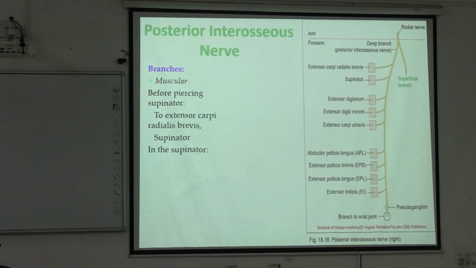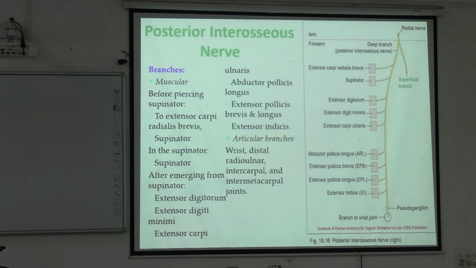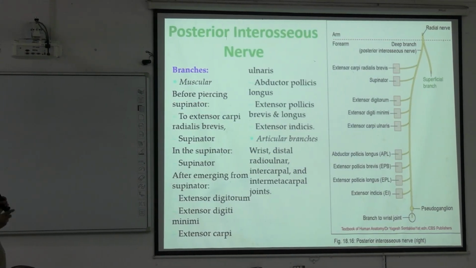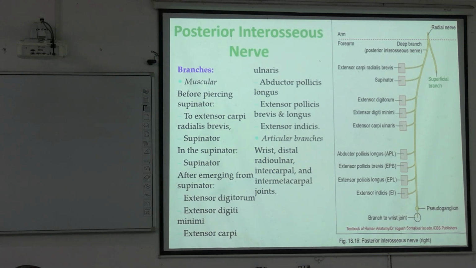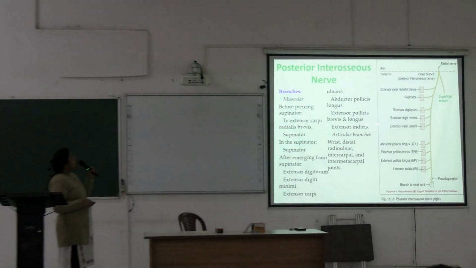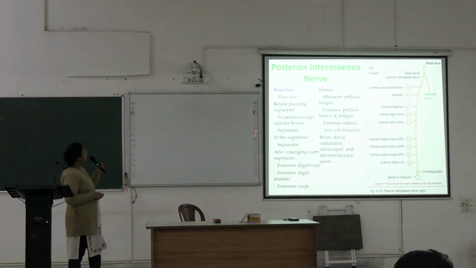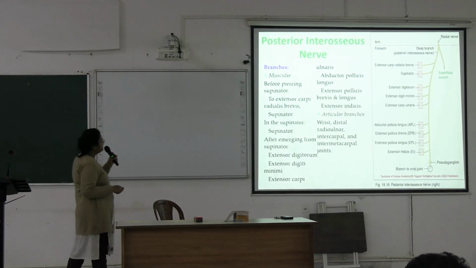So the branches are, we are dividing it before piercing supinator, within the supinator, after piercing supinator. So before piercing the supinator, it is giving muscular branch to extensor carpi radialis brevis and supinator. Within the supinator, it is supplying the supinator only.